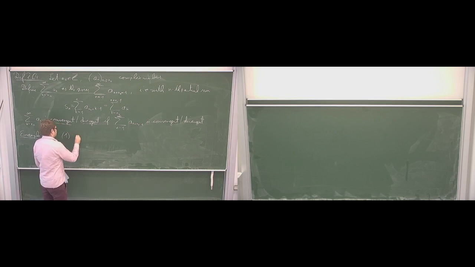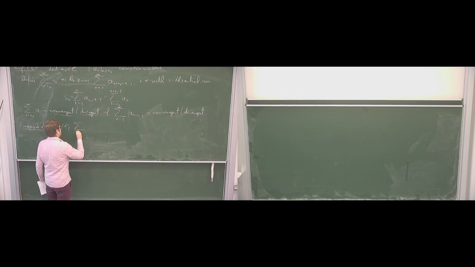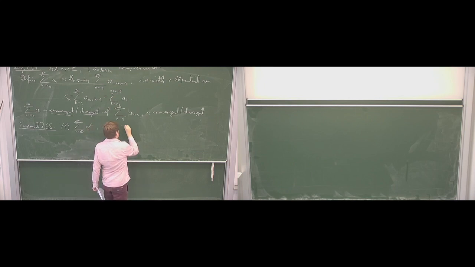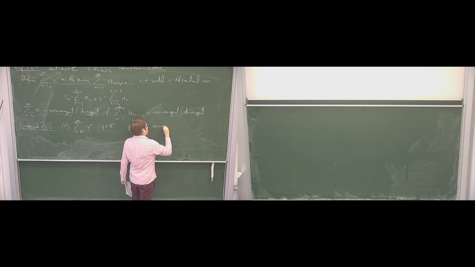The first example is the series starting with 0 to infinity, so the case of n0 equal to 0, of q to the power of n, where q is just a complex number. This series has a name. This is called the geometric series in q.